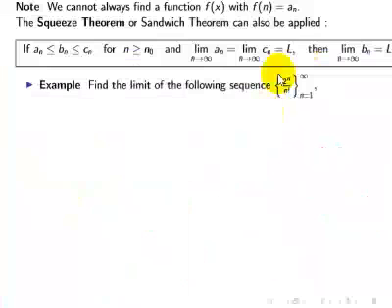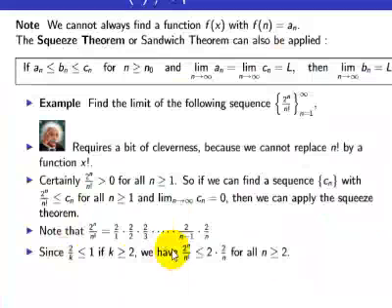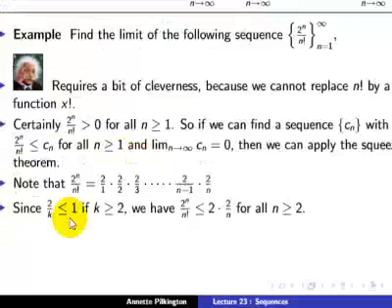Let's do an exercise. Let's find the limit of the following sequence: 2 to the power n divided by factorial n. This can be expanded as follows. 2 to the n divided by factorial n can be written in this way too.